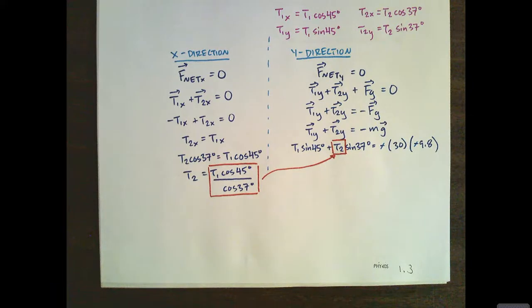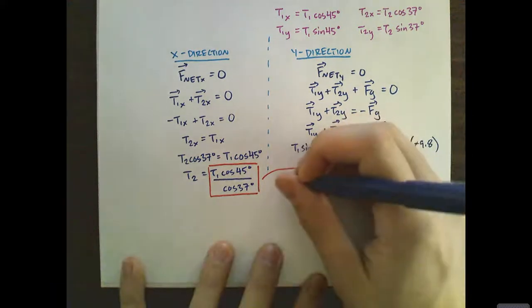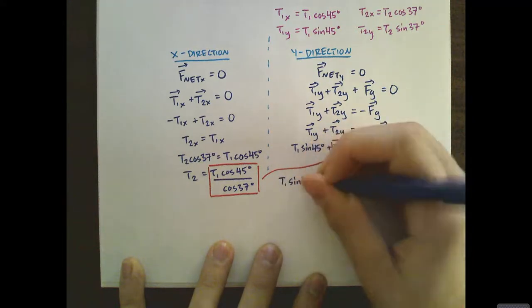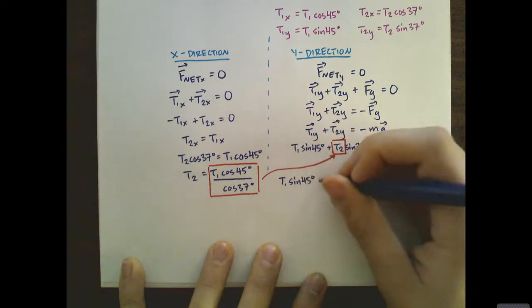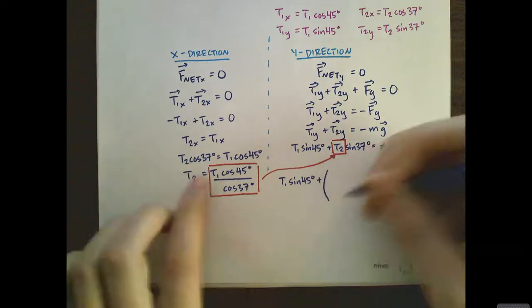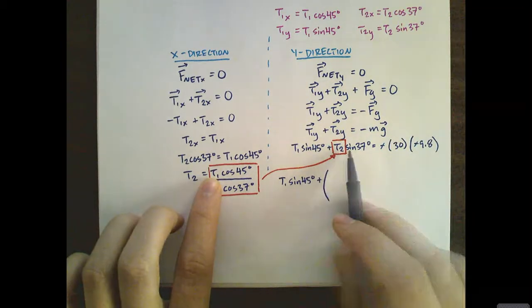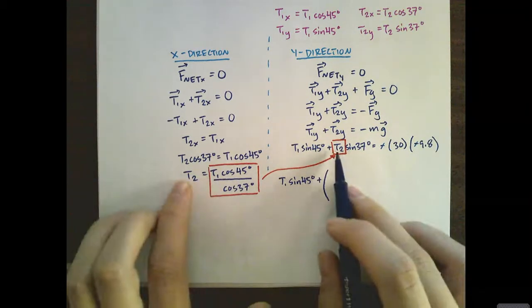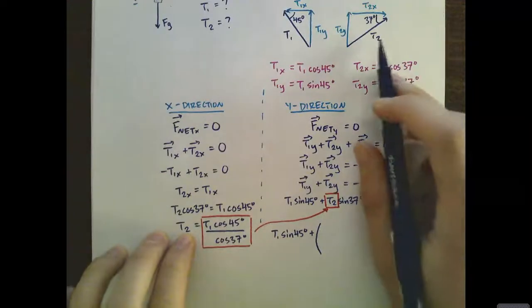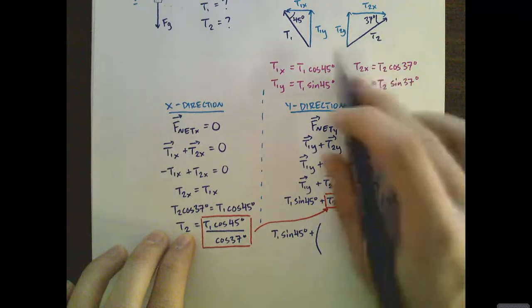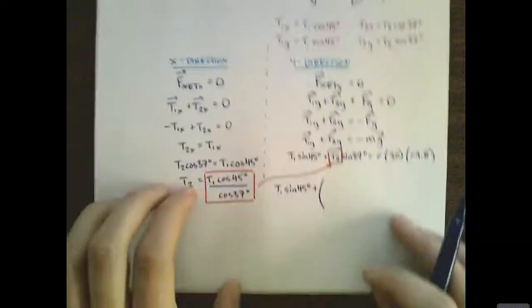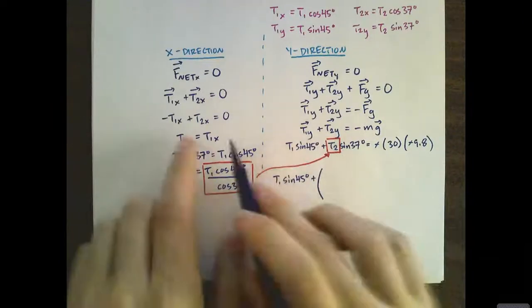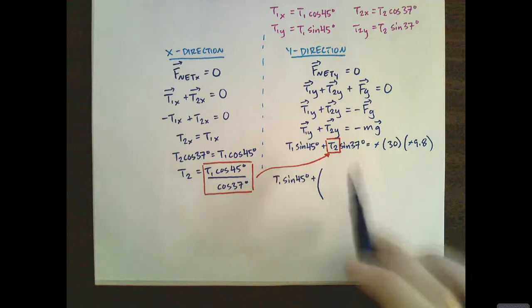And I'll show you what that's going to do for us. Let's write this out again. T1 sine of 45 degrees plus, now we plug in this entire value for what T2 is actually equal to. Because remember, T2 is just this, right? It's not like we have T2x or T2y that are different anymore. We've gotten rid of our y's and our x's, replaced them with our trig values.